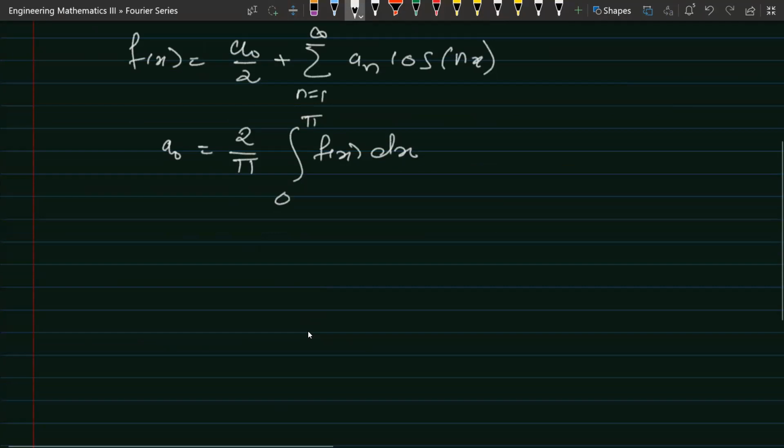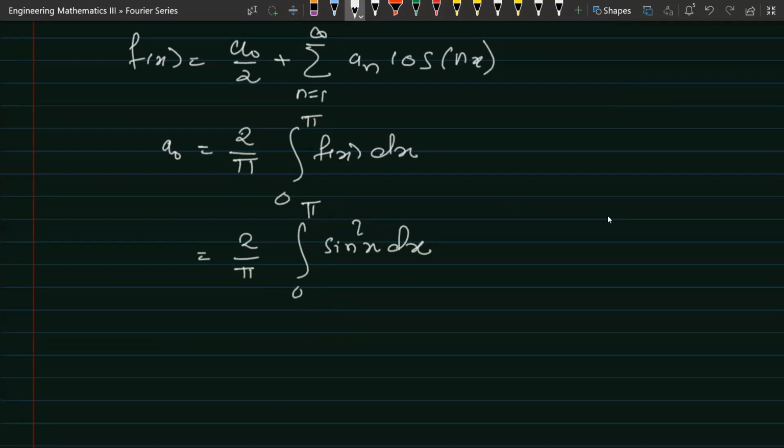Replace f(x). What is f(x)? f(x) is sine square x, as given in the example. So 2 upon pi, integral 0 to pi of sine square x dx. Now let us find the integration of sine square x. We don't have a direct formula for that.